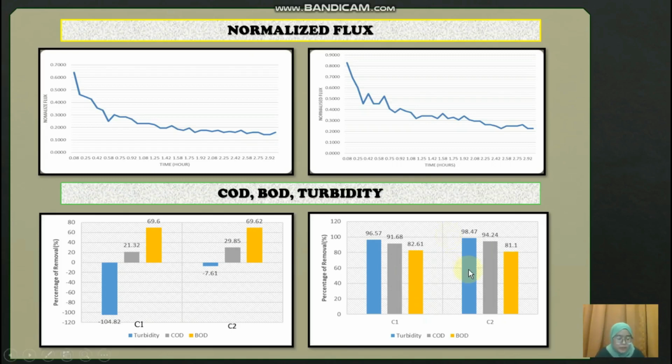Higher BOD removal percentage of 82.61% was obtained in the first cycle. Through the comparison between these two cycles, the photocatalyst reusability data did not show significant difference.